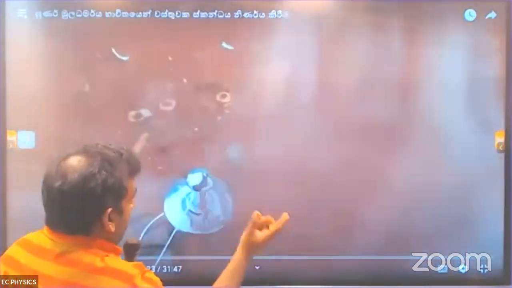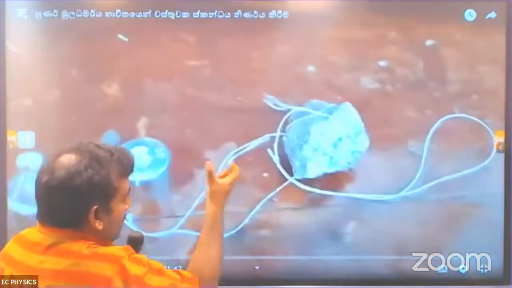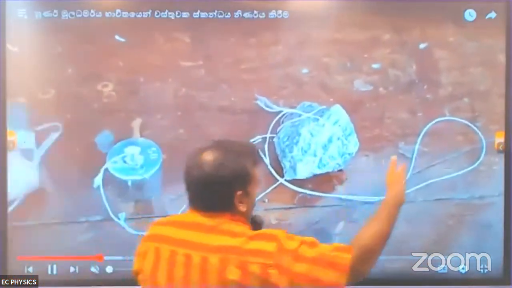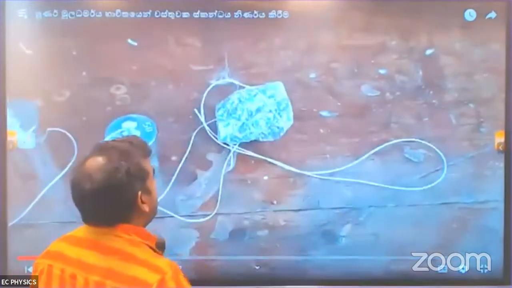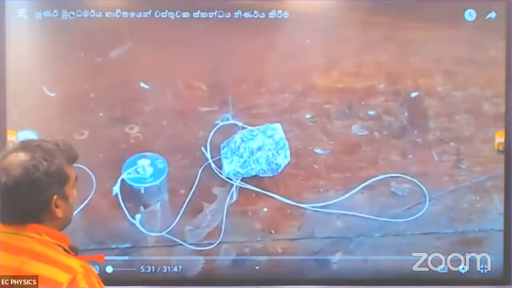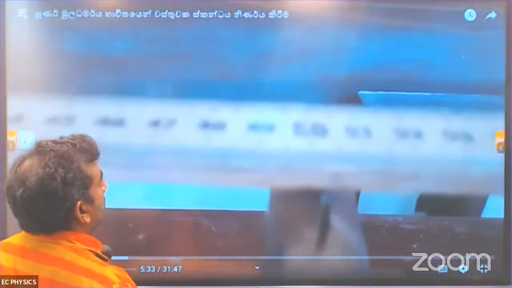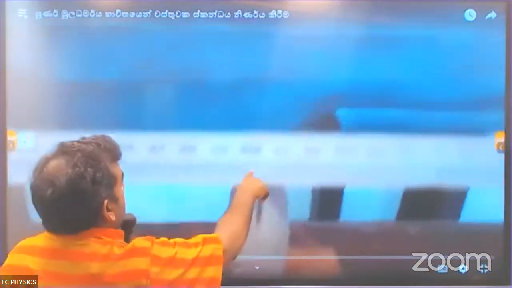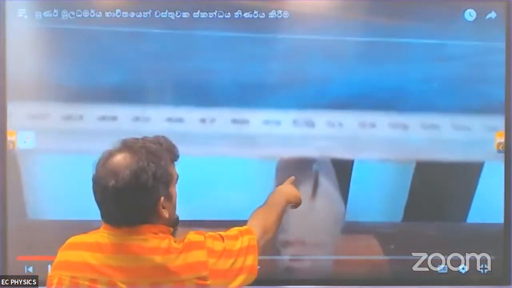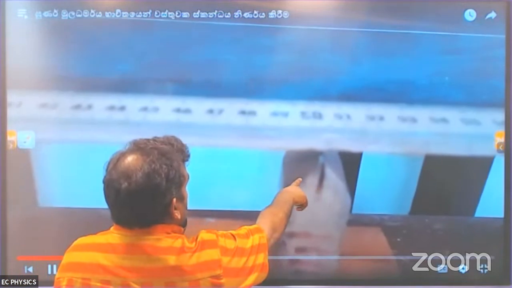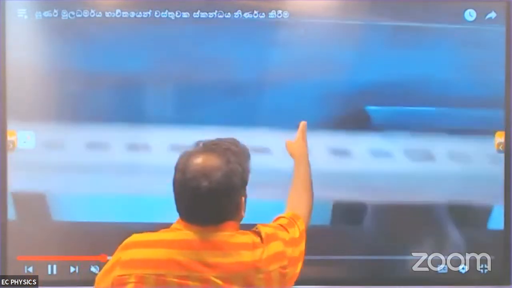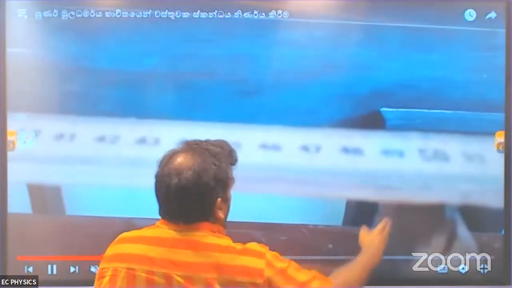You send a small hook like a thing, so you can send the ruler inside this and hang it. So the knife edge is exactly between 50 and 51.